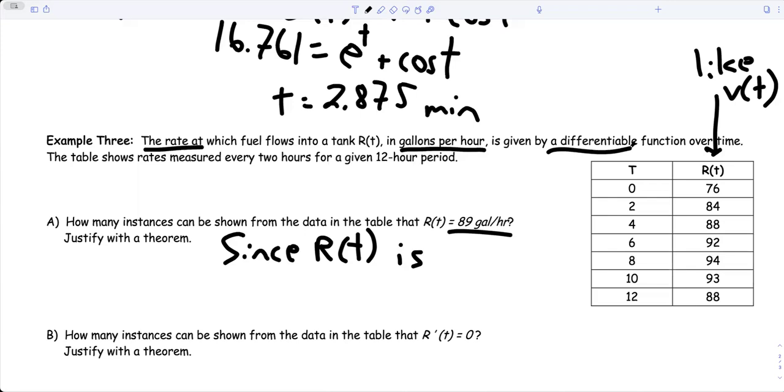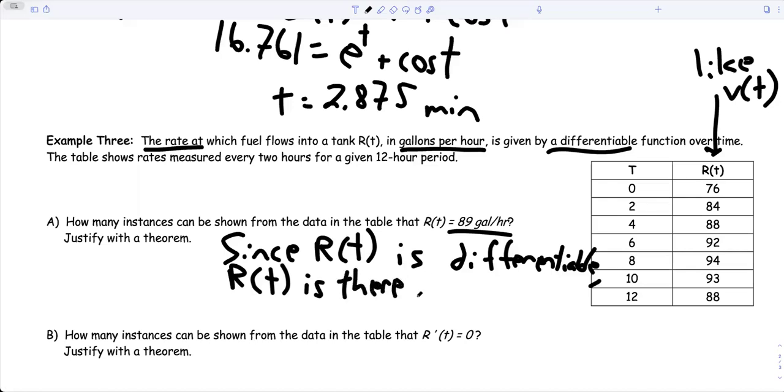So you've got to tell them, since R(t) is differentiable, R(t) is therefore continuous. You need to say it just like that. Since R(t) is differentiable, R(t) is therefore continuous.